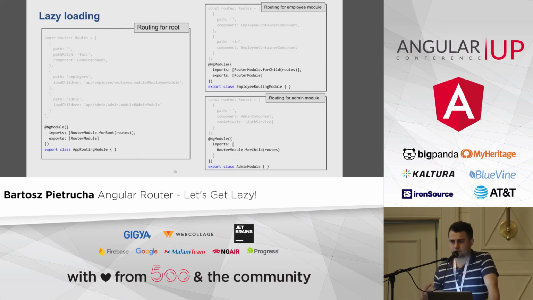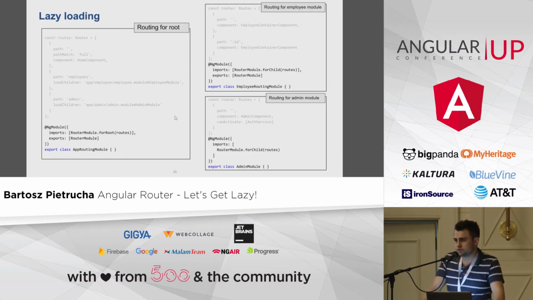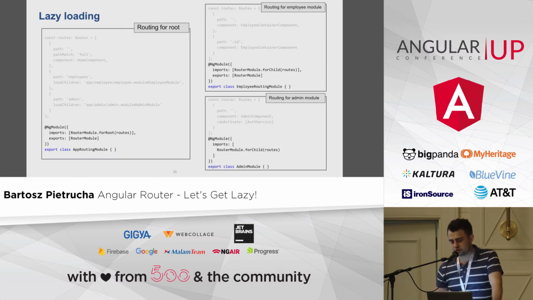They take the configuration and load them into Angular. But forRoot also produces a router service. And we don't want to have multiple router services in our dependency injector in Angular, so forChild would only parse the configuration and would not instantiate next router instance.